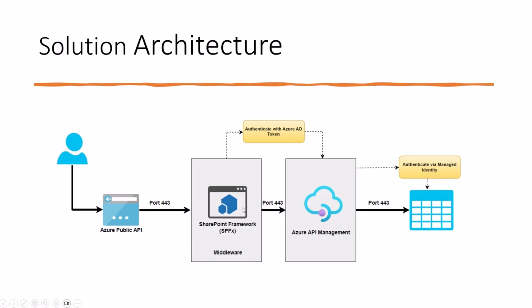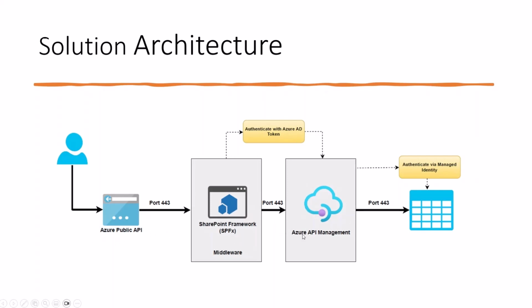But before we call that, we also had some authentication to do. The SPFx Webpart is getting authenticated to Azure API management via an Azure AD token. We register an app first in Azure AD, then use that app to get the token, and we pass that token as part of the request when we call this Azure Public API endpoint.